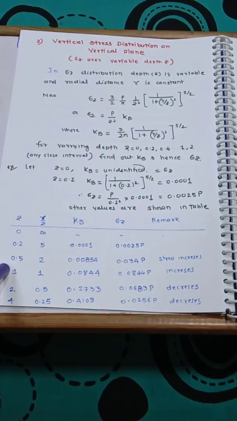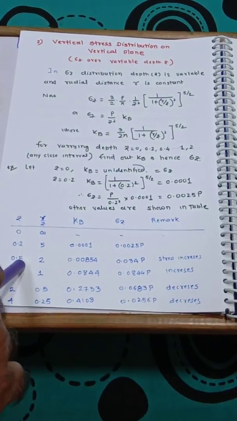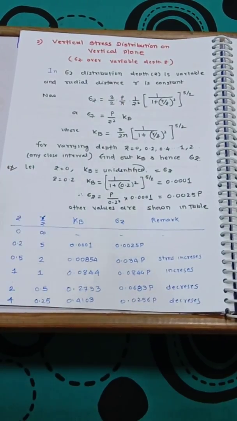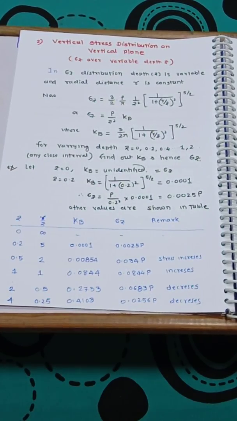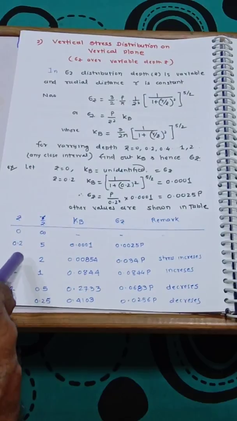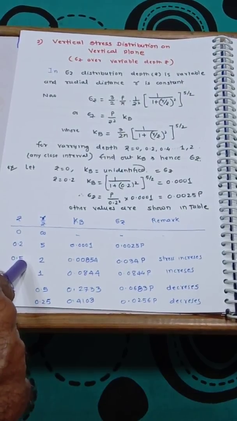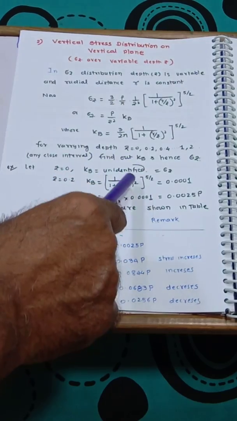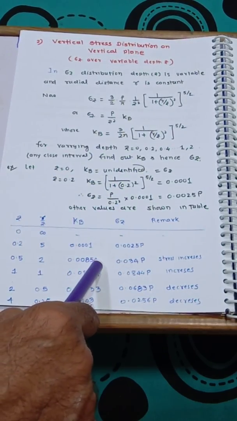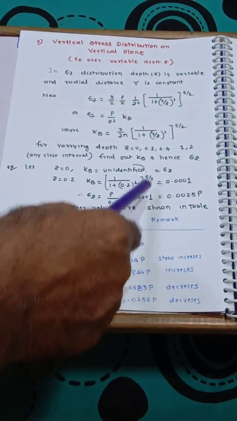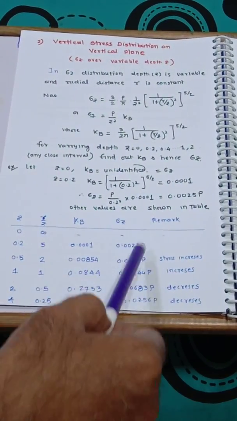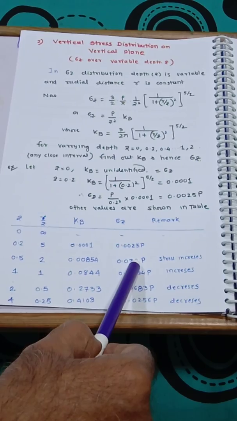Now let us change the depth to 0.5. Here let us assume r is 1, fixed. So 1 by 0.5 becomes 2. Substitute in the equation of Kb, we get 0.00854. Then substitute in the equation of sigma z, and you get a value of sigma z.